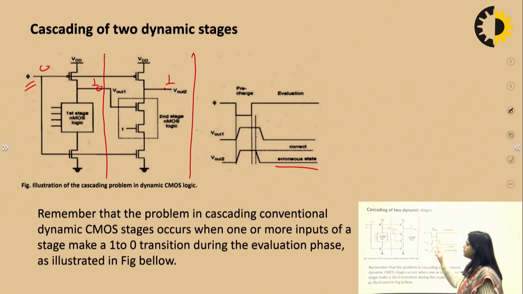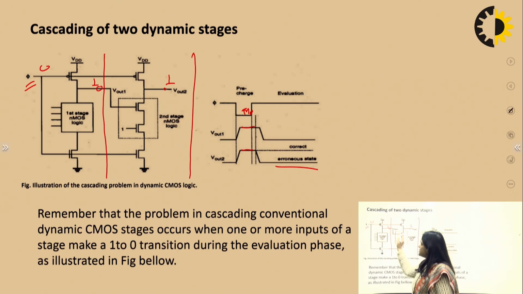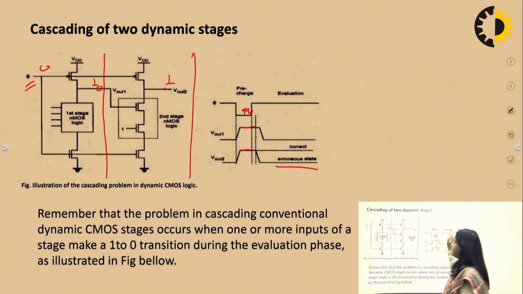From the waveform you can see that during the precharge phase, the MP transistors are on, so this is high and output 2 is also high. But because of this cascading, depending on the input stage, or the expression, output 1 should change and output 2 should change during the evaluation phase.